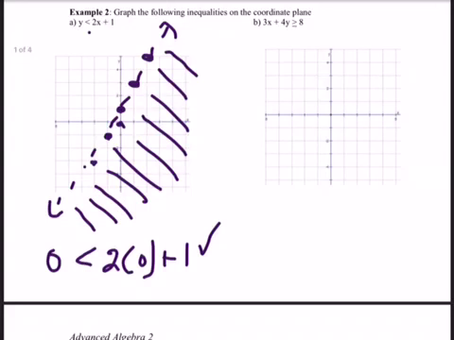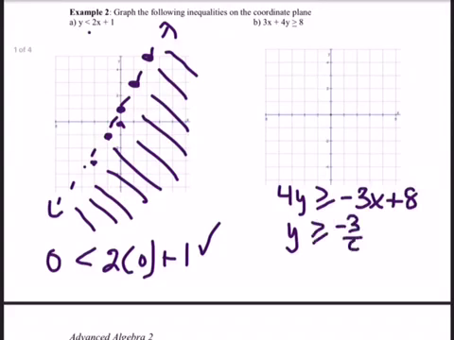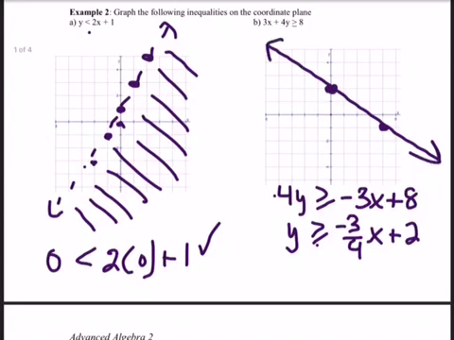Okay, for the second one, I'm going to solve it for y. So I have 4y is greater than or equal to negative 3x plus 8, and then divide by 4. So that gives me y is greater than or equal to negative 3 over 4 x plus 2. Now, since I divided by a positive 4, I don't need to flip the symbol. So I'm going to graph the line. I will make it solid in this case, since I have or equal to.